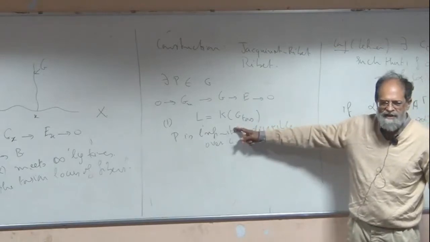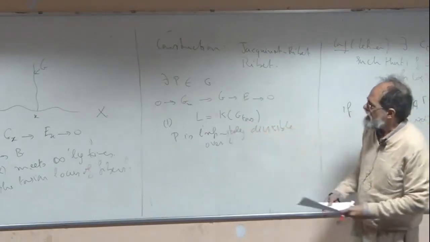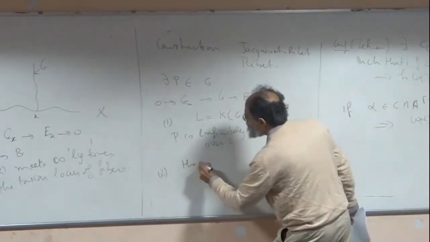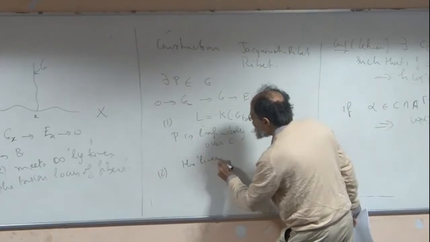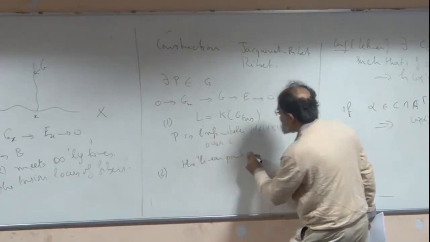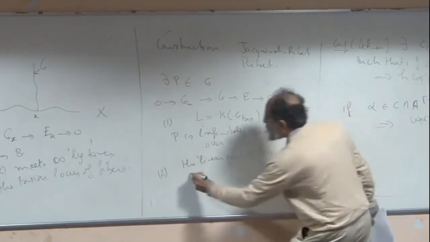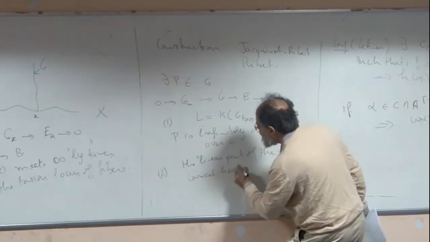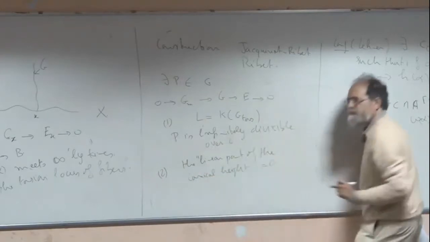You can divide infinitely many times. Secondly, the linear part of the canonical height is equal to 0.